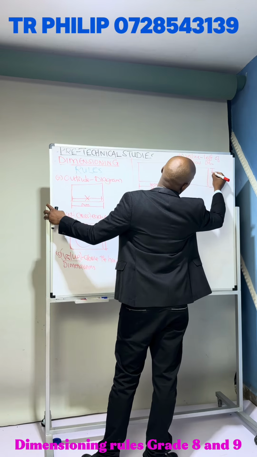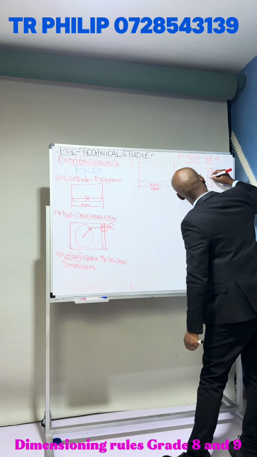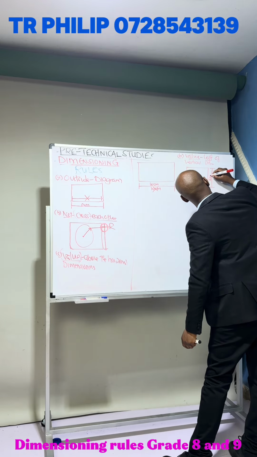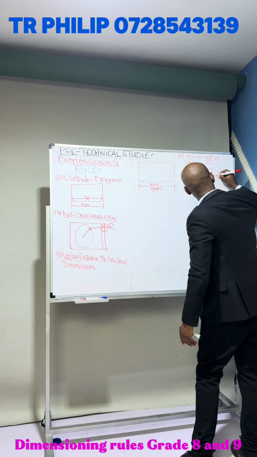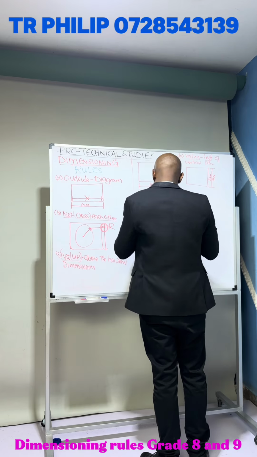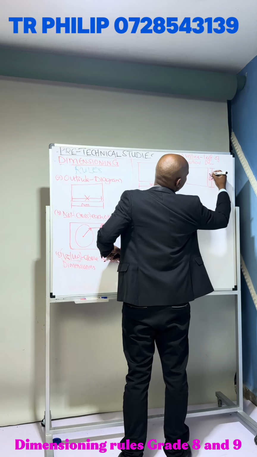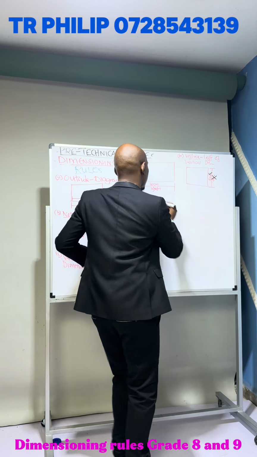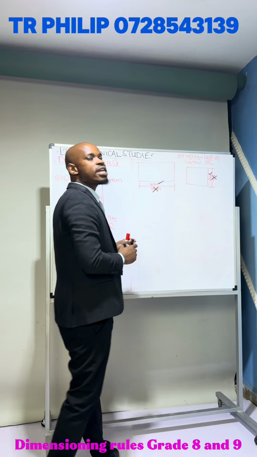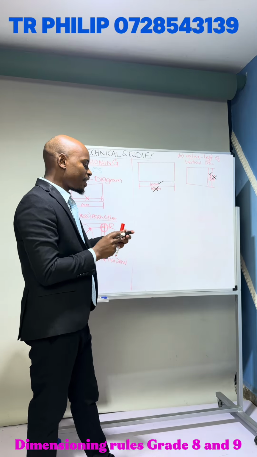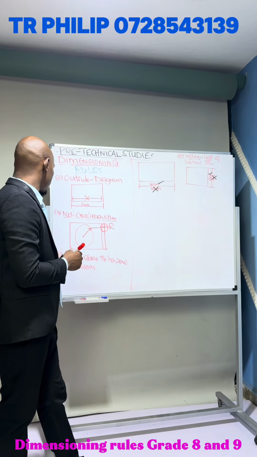Here it goes to vertical dimensioning, and we are saying if it is 5 centimeter, it should be on the left, not 5 centimeter on the right. If you write 5 centimeter on the right, let me use a different color, this is wrong, but this is right. We are on the rules that are non-negotiable when we are talking about dimensioning.